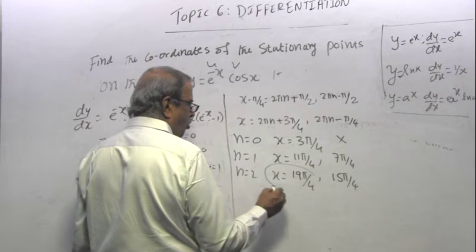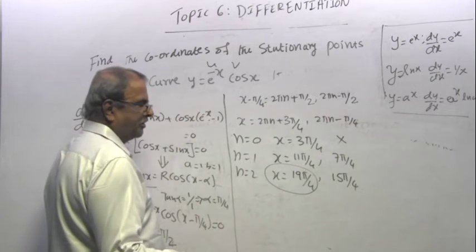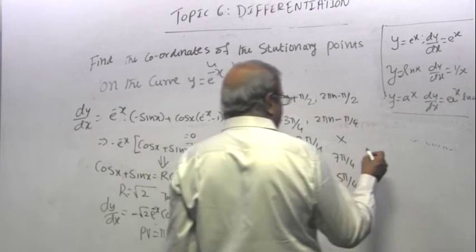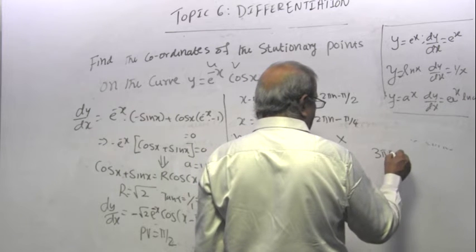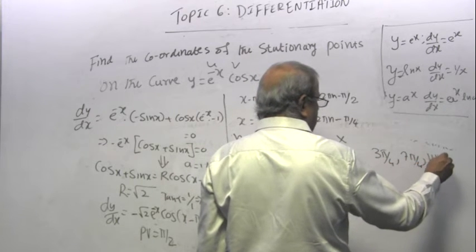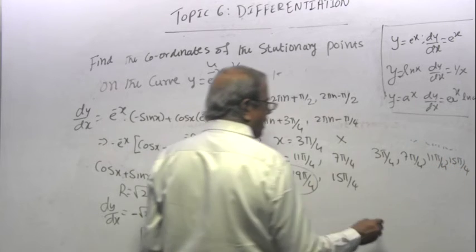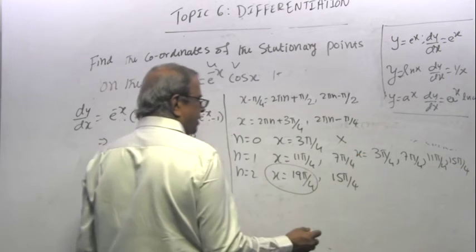This is more than 4 pi, isn't it? 4 fours is 16. So I have answers as 3 pi by 4, 7 pi by 4, 11 pi by 4, and 15 pi by 4.